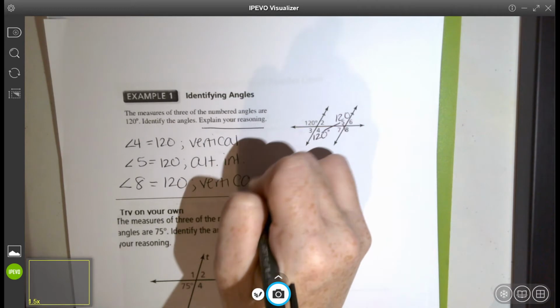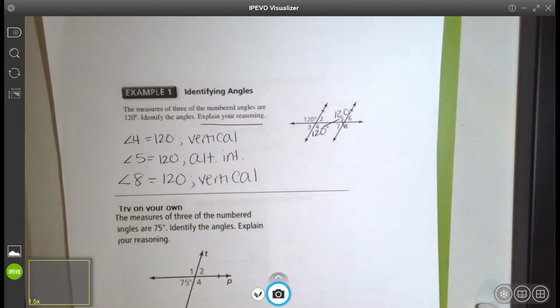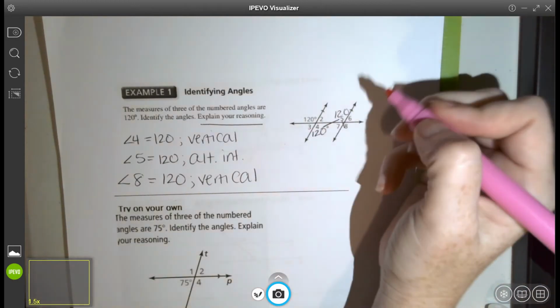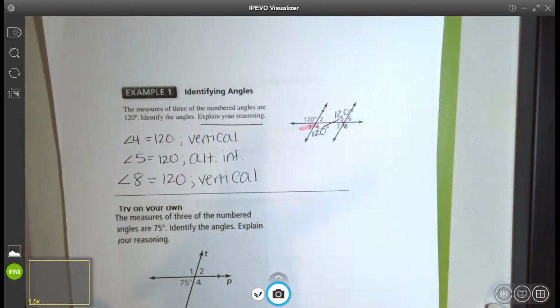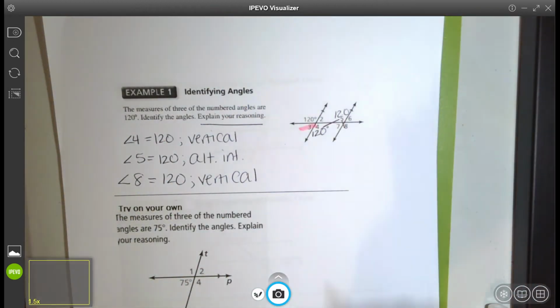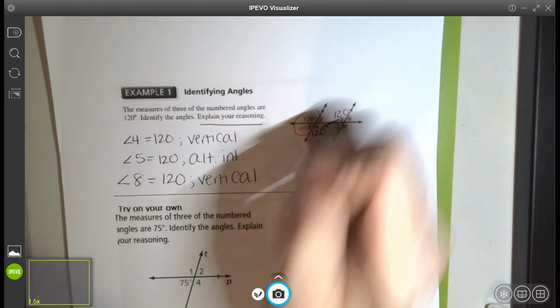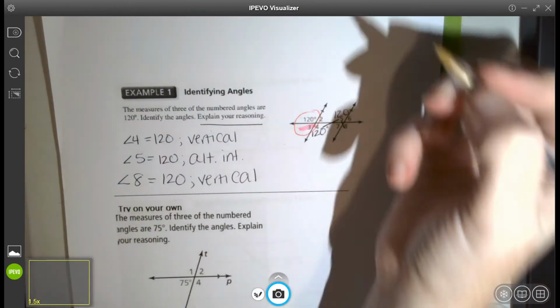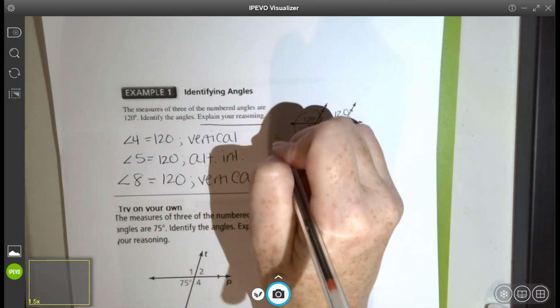So that's my reasoning. Now, it didn't ask this question, but I would like to know what would be the angle measure of angle 3? Well, to find the measure of angle 3, we're going to do a little bit of work. What we can do is know that we have a linear pair here. And remember, our linear pair is a sum of 180 degrees.